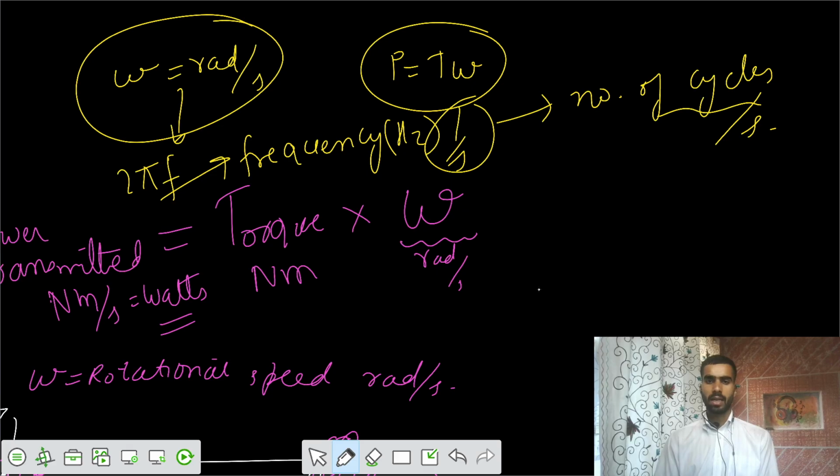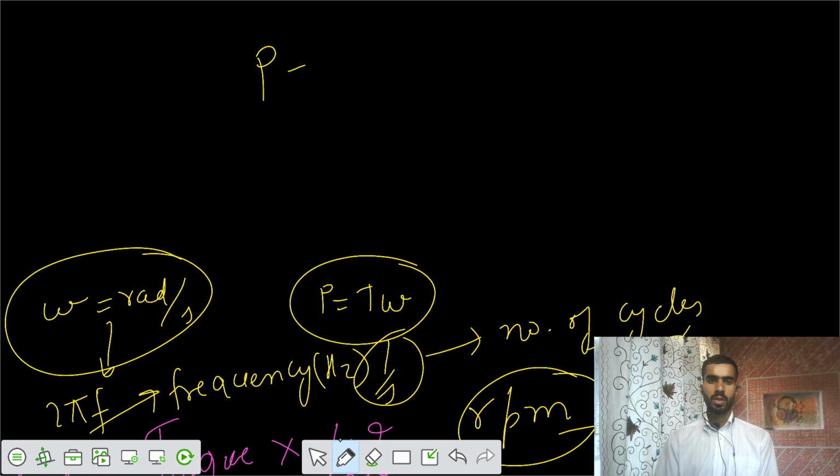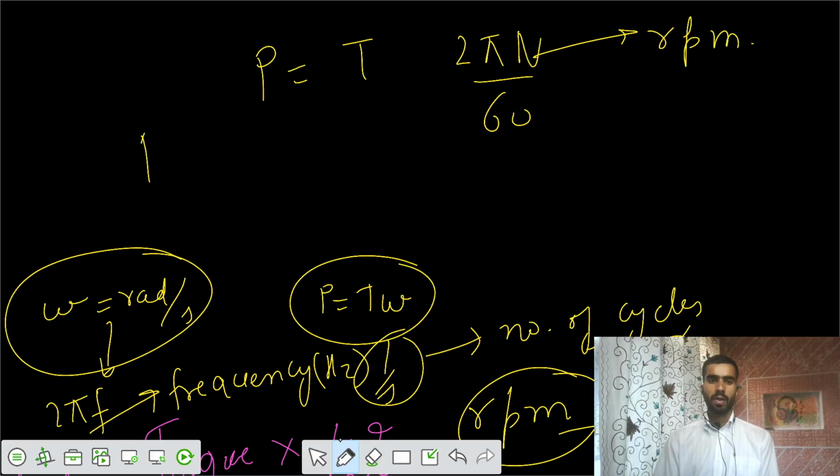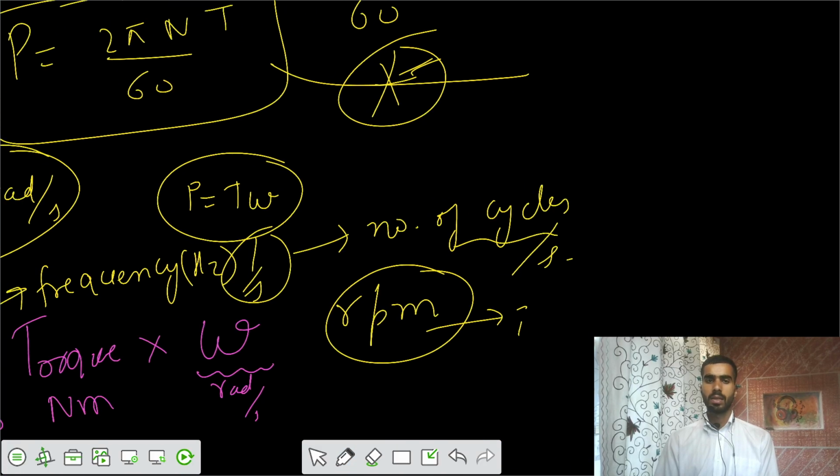And if you convert that into per minute, into RPM, number of revolutions per minute, finally power equals torque times 2 pi n by 60, where n is the number of revolutions per minute. So let's have this final equation: power equals 2 pi nT by 60.